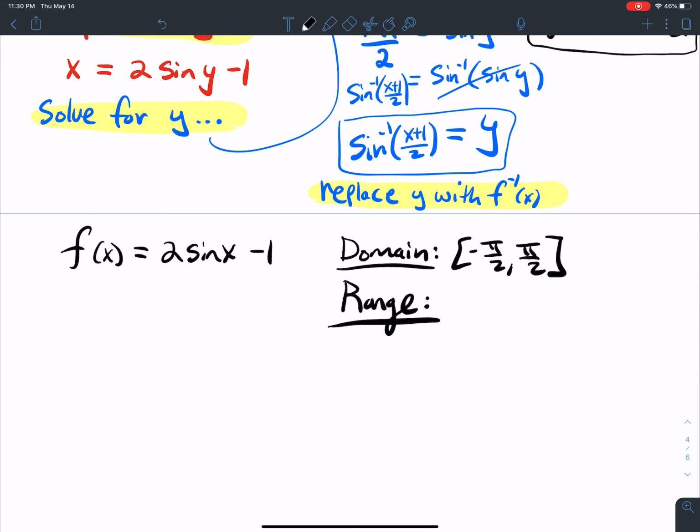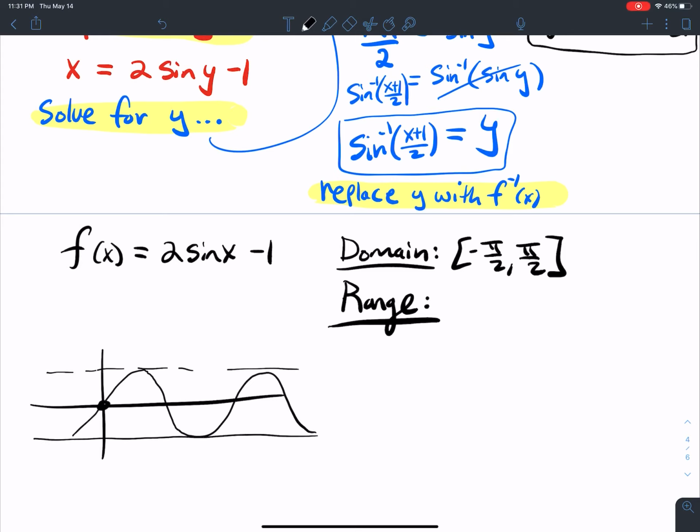So what is varying here? Well, it's the x that varies. What do we know about the sine function? The sine function passes through the origin, goes up, peaks out, and does this forever. What is the highest value that it attains?